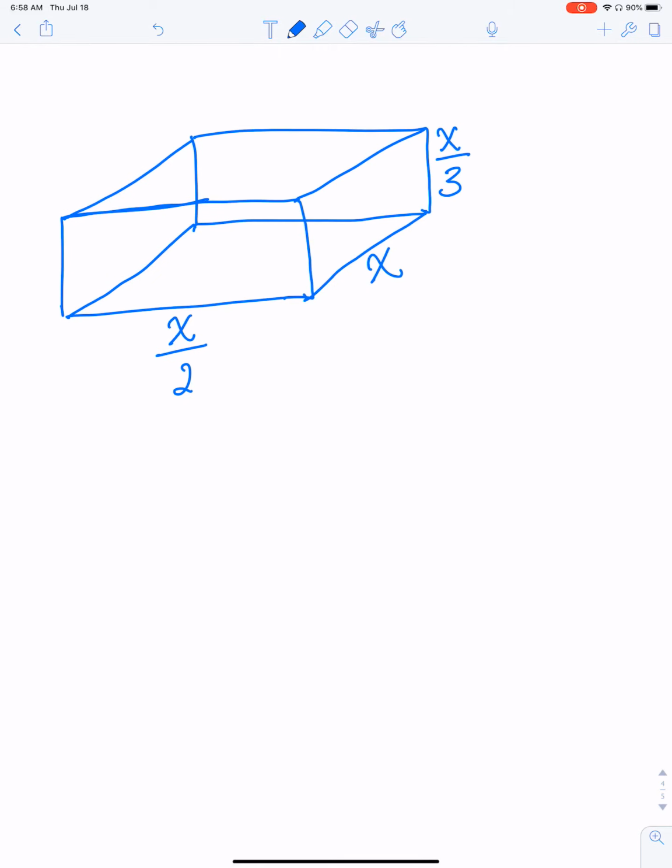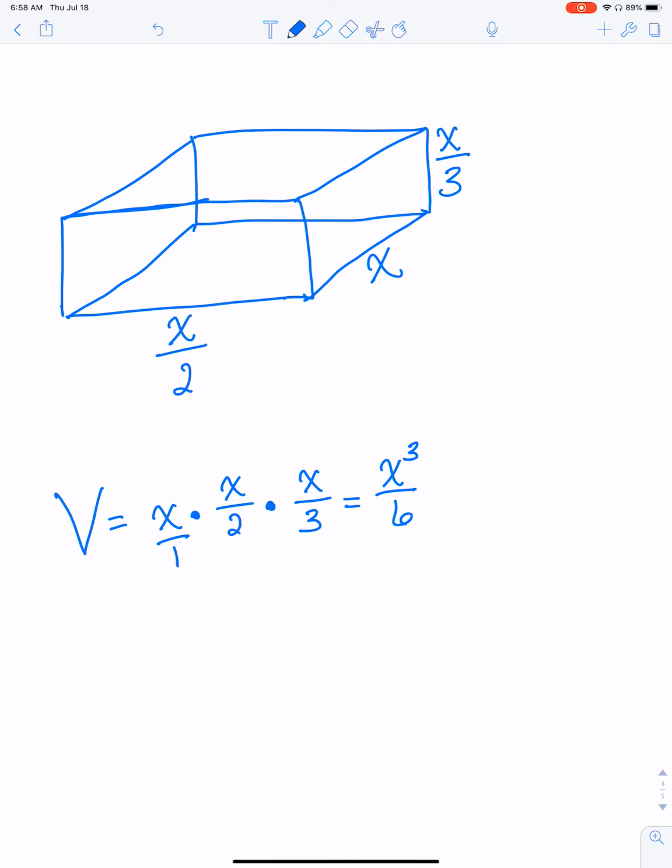Well, I know that volume is the length times the width times the height. So when I multiply these three numbers, that first x is over an imaginary 1. So the x's across the top, x times x times x, is actually x to the third. And 1 times 2 times 3 is 6.